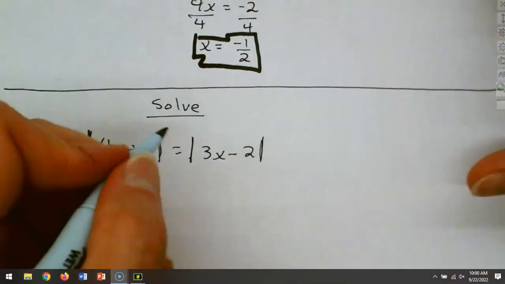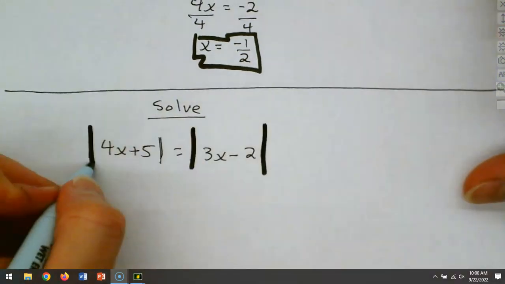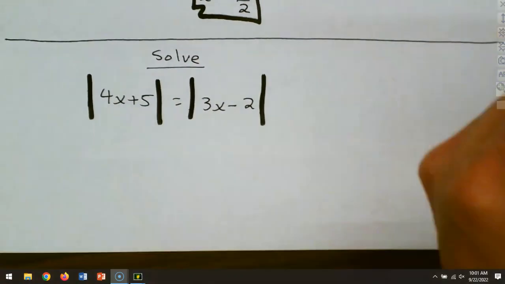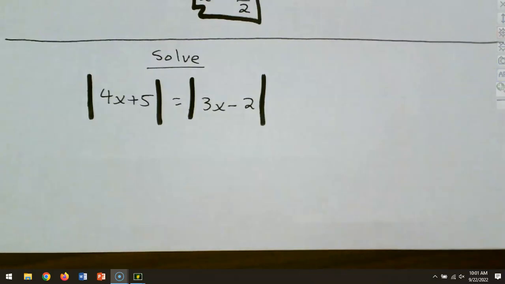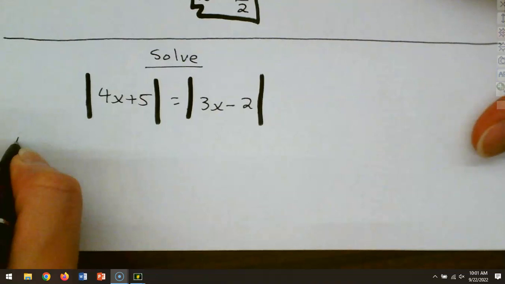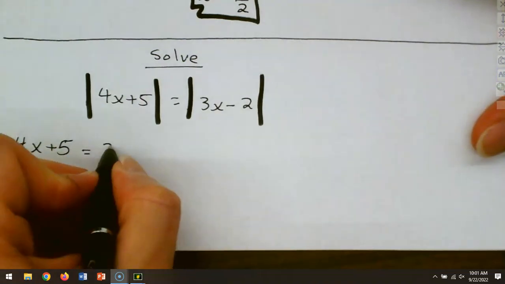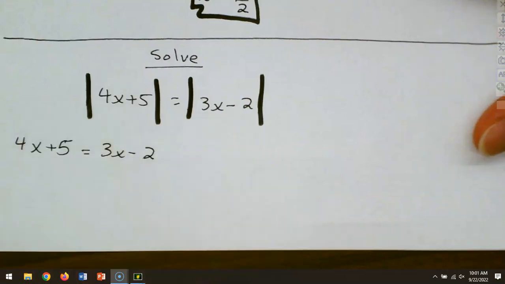Make sure we see them there. Absolute value bars. Okay, so what do we have? An absolute value. Now, when we work with an absolute value, you should end up with two equations. So the first one, we drop the absolute value bars. So the first one is very simple. We drop the bars, and that is 4x plus 5 equals 3x minus 2.